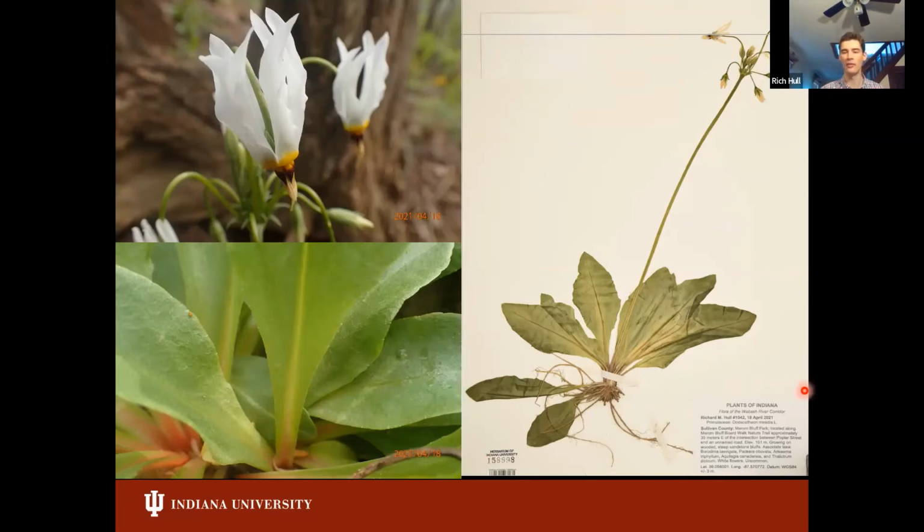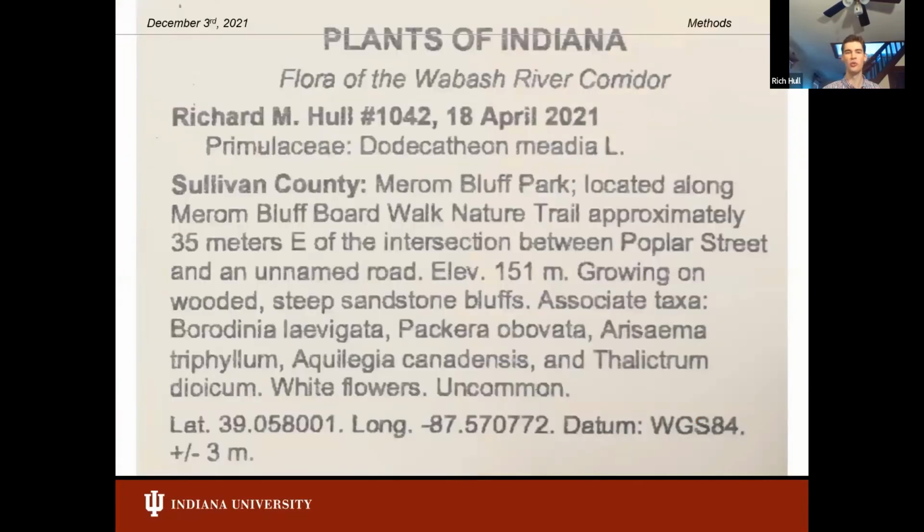And then we have my label data. If we zoom in on my label data, I wanted to illustrate some of the information I'm keeping on each specimen. Obviously, I say I collected it. I have that specific collection number again. I have the date collected, and then I have my determination right here.